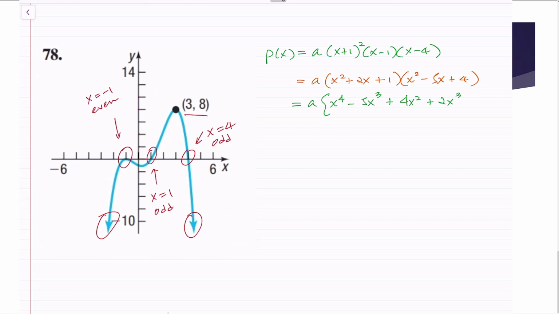And it looks like I'm going to have to break a line here. 2x times -5x would be -10x². 2x times 4 would be 8x. And then 1 times x² would be x². 1 times -5x is -5x. And 1 times 4 is 4. And so I'll collect my terms.